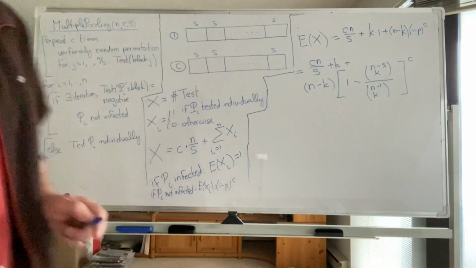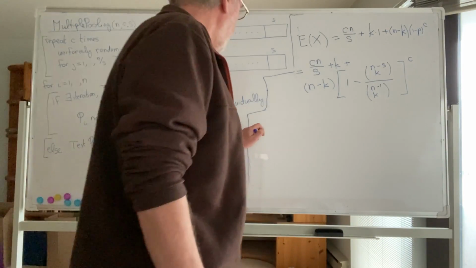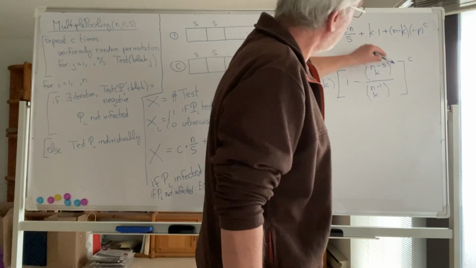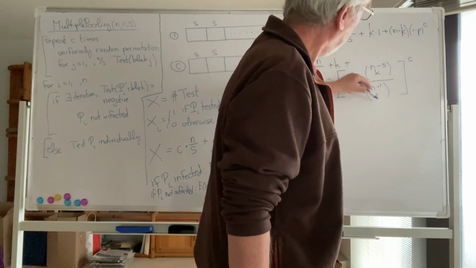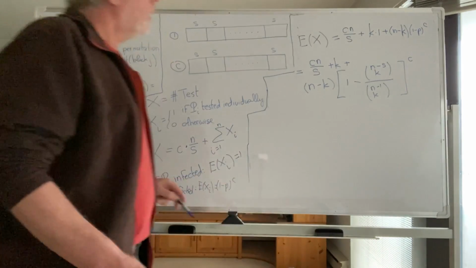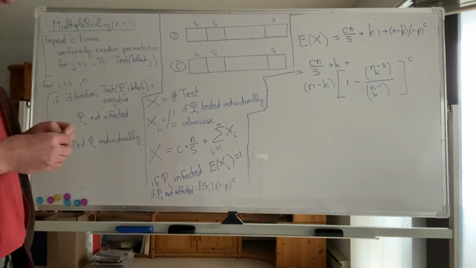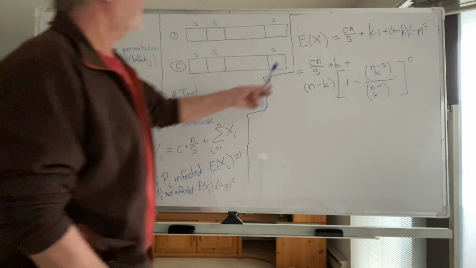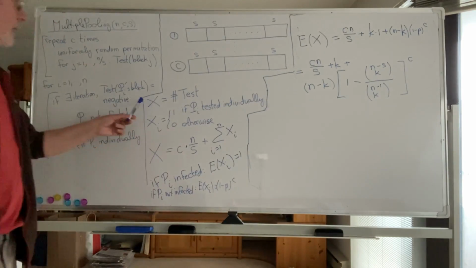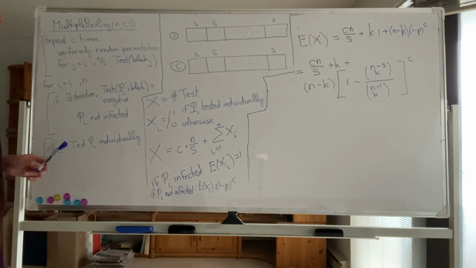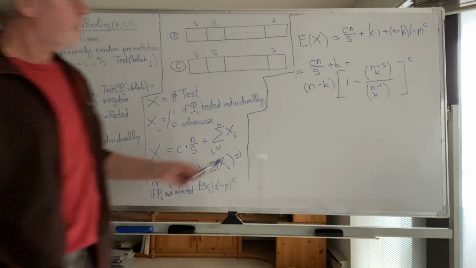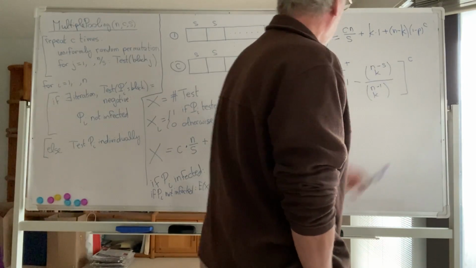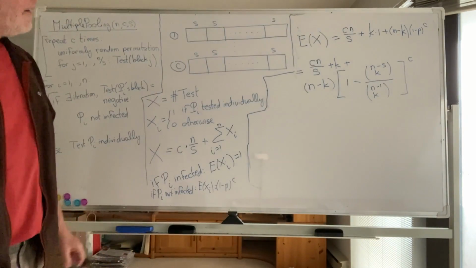Okay, so here I took this value p that we had earlier on, and this here was the value of p. And I just plug it in, and then we get that the expected value of x, so this is the expected number of calls to the function test when you run this here, is equal to this ugly expression here.